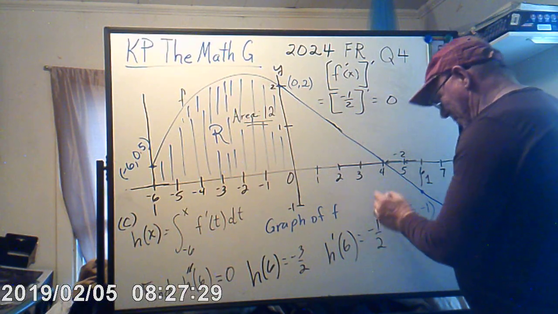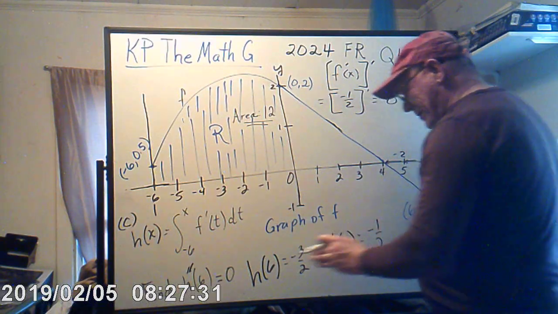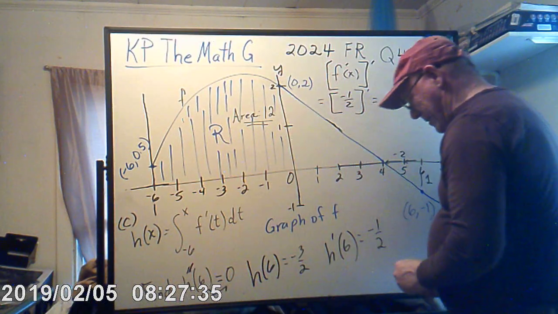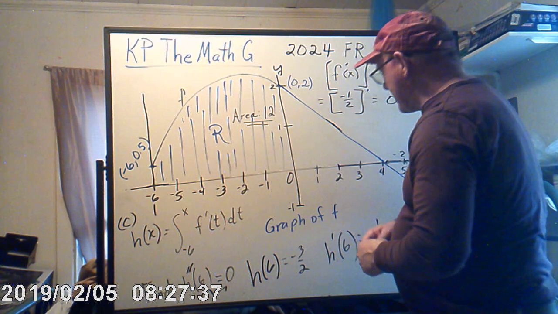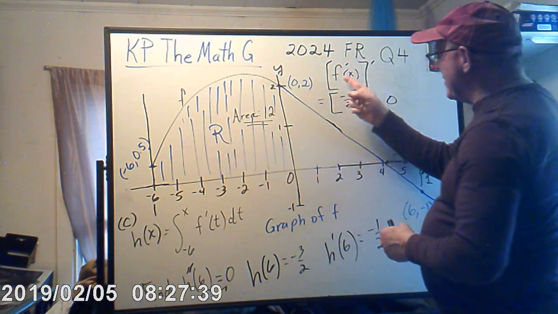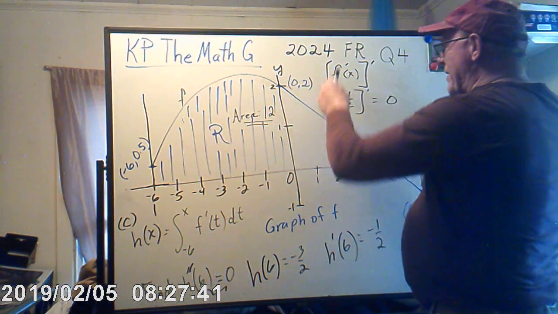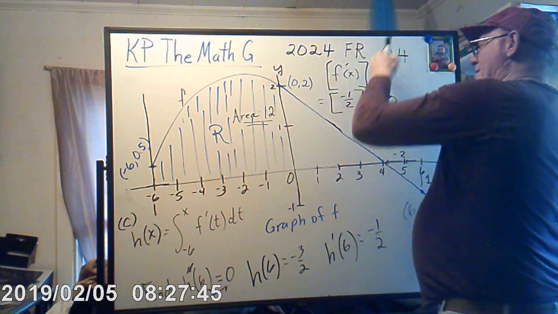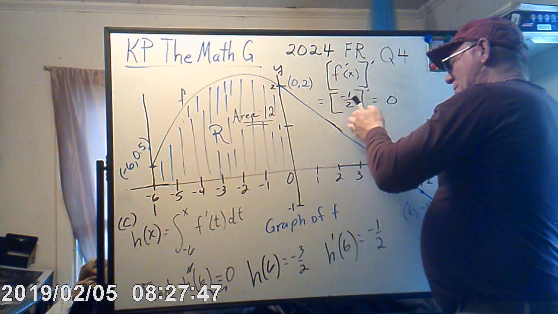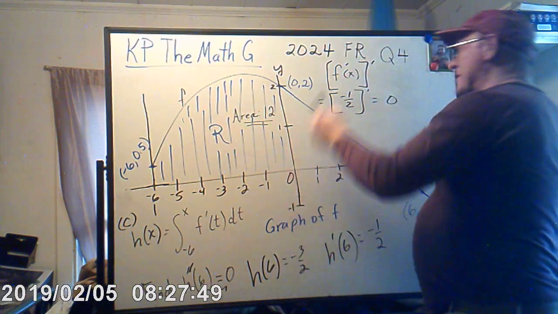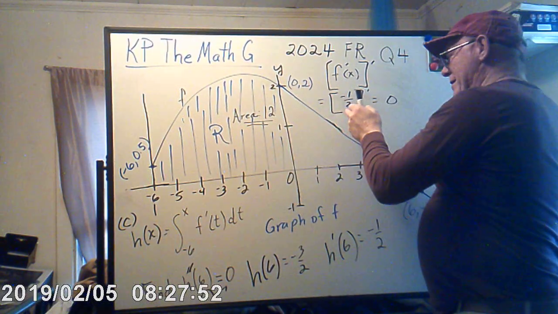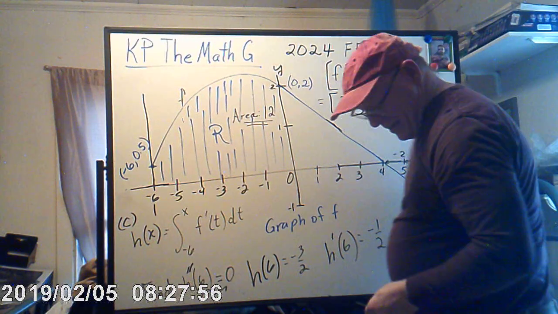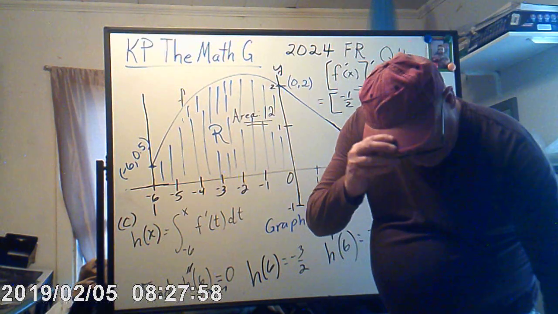And then the derivative of this is 0, of a constant. So that's basically what you're doing. You're taking the derivative. We've already found out what the f prime is. Now what is h double prime? H double prime is f prime prime, which is negative 1/2 prime, which is 0. And so there it is.